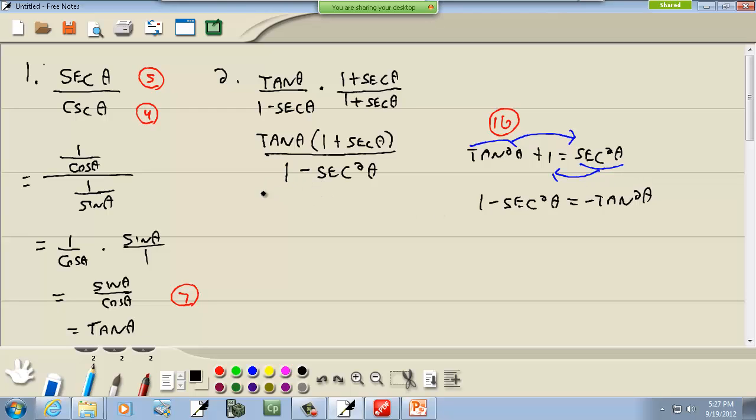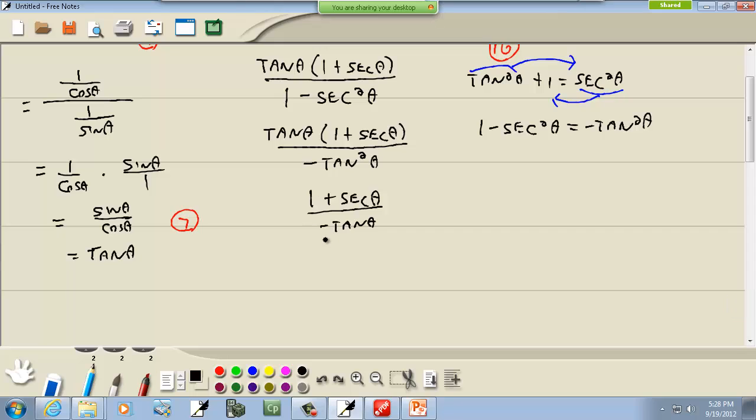So this bottom part I can rewrite as negative tangent squared theta. Well, now we got tangent theta times 1 plus secant, and we got tangent squared down here, so one of these tangents can cancel. And we're left with 1 plus secant theta over negative tangent theta.